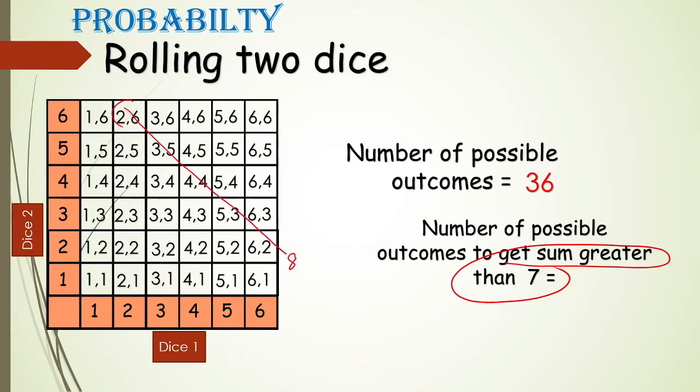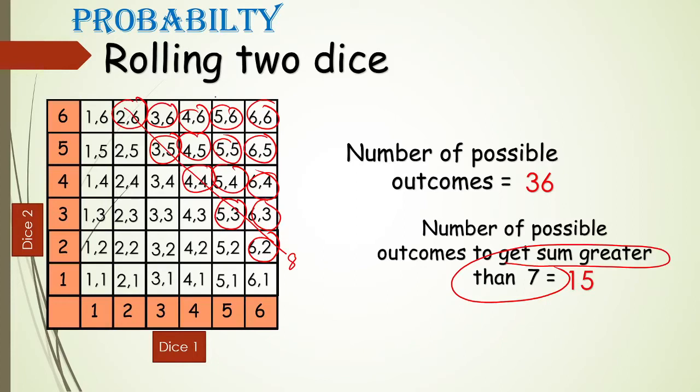8. So this is included, since it's greater than 7. Where else are there numbers greater than 7 in the sums? This one is 9. This one is 10. This one is 11. This one is 12. So all of these together make up our number of favorable outcomes. How many are there? There are 15.